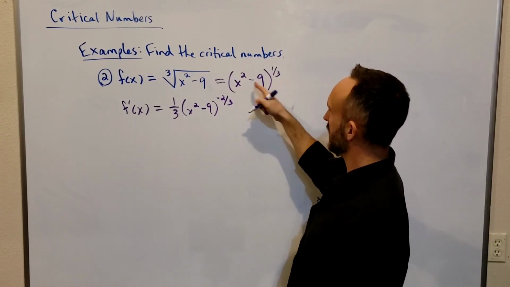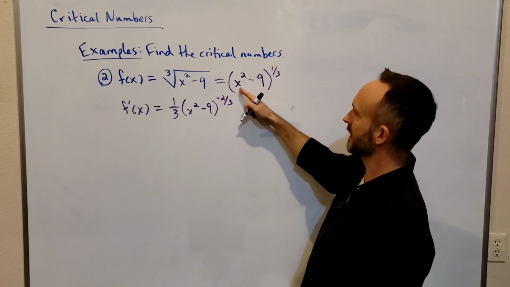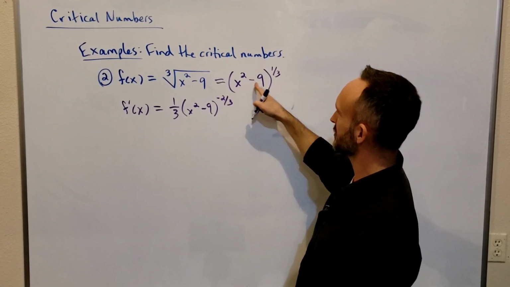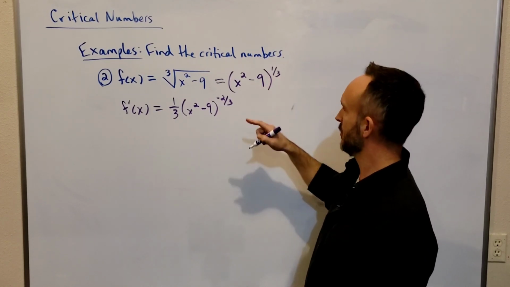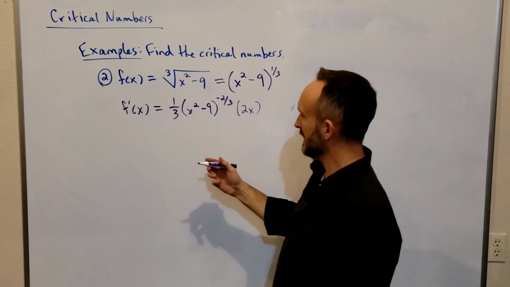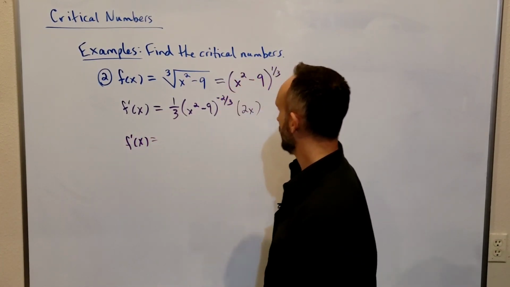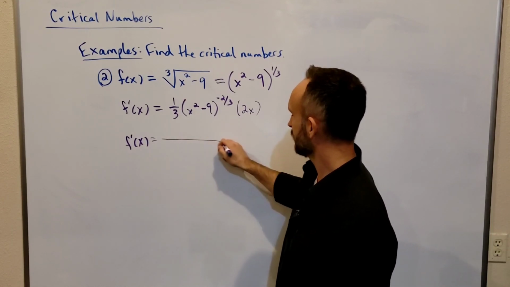And then we have to use the chain rule and multiply by the derivative of what's inside. So the derivative of x squared is 2x minus the derivative of 9. Well, that's 0. So this just turns out to be 2x. And if we clean this up a little bit, f prime of x equals, we can turn it into a fraction.